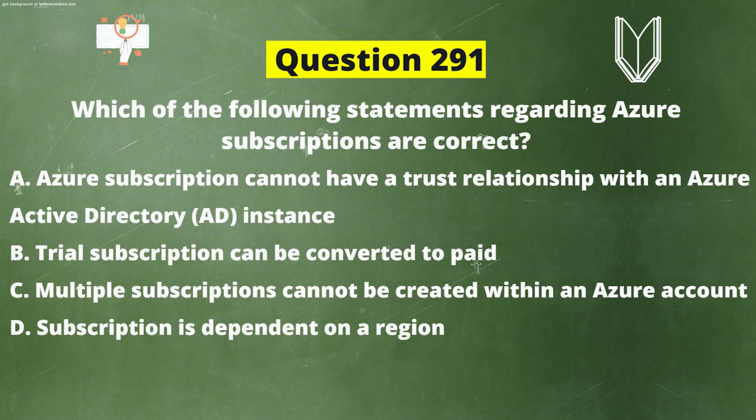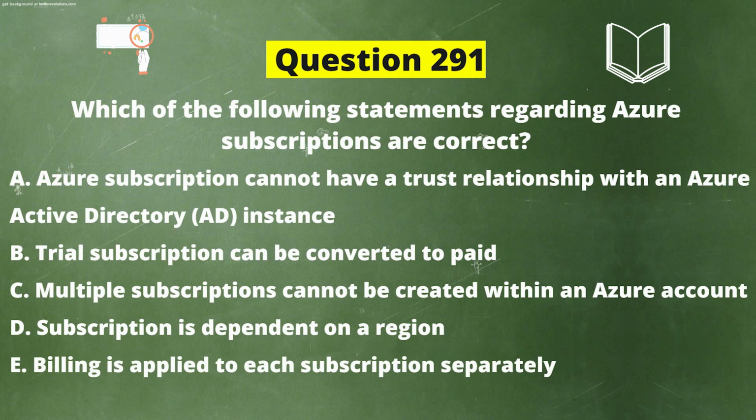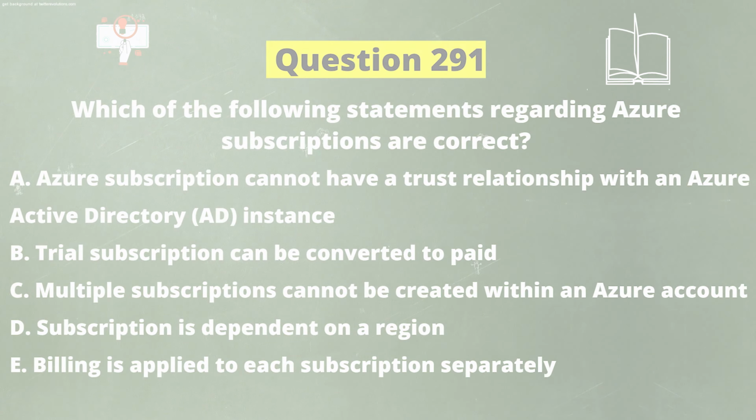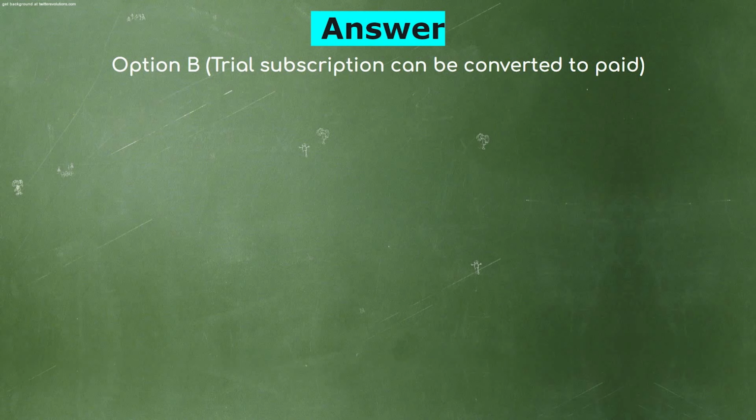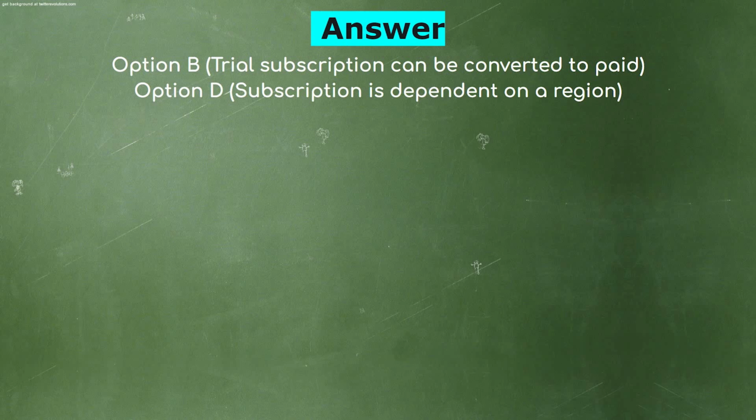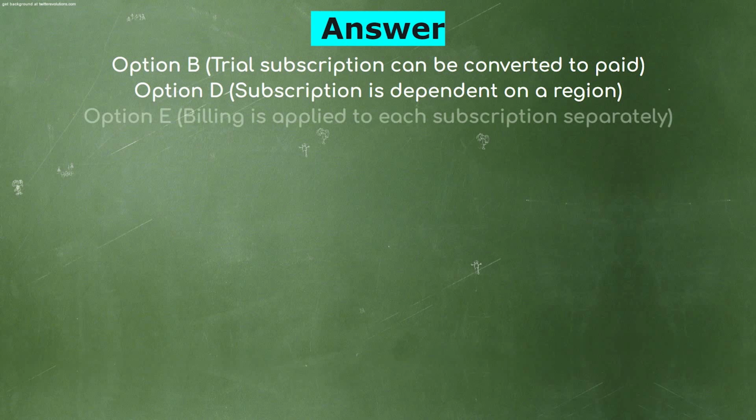D. Subscription is dependent on a region. E. Billing is applied to each subscription separately. And the answers are: B. Trial subscription can be converted to paid. D. Subscription is dependent on a region. And option E. Billing is applied to each subscription separately.